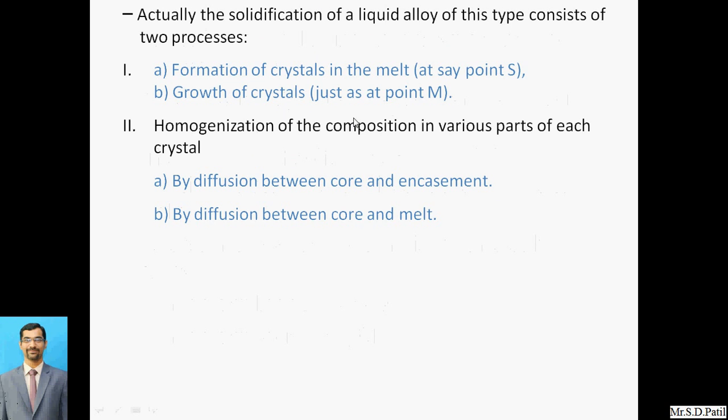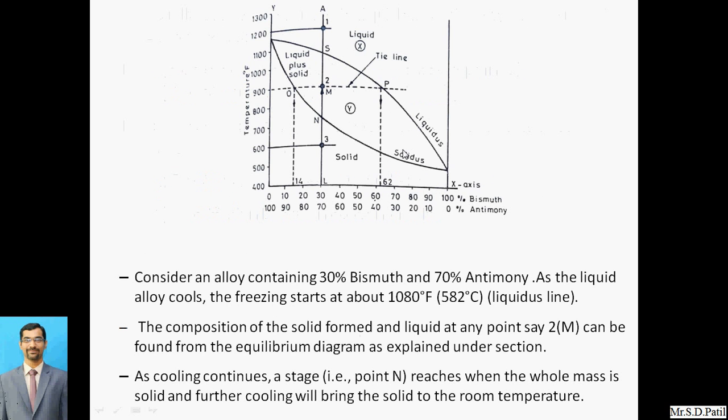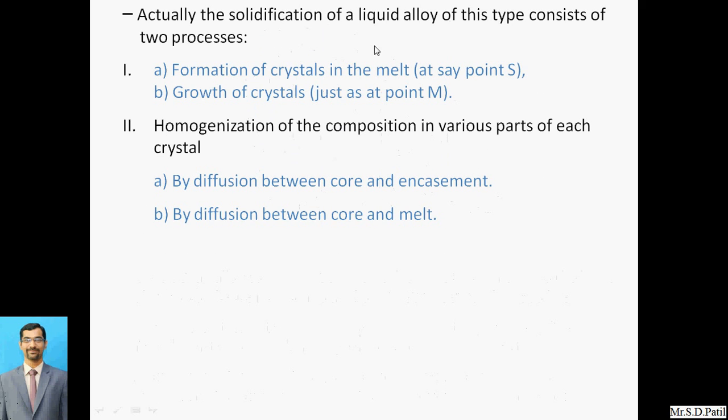Now the actual solidification of a liquid alloy of this type consists of two processes. What are the two processes? The first is the formation of crystals in the metal melt at point S. So at point S, the formation of crystals in the melt will start. Then at point M, the growth of crystals.